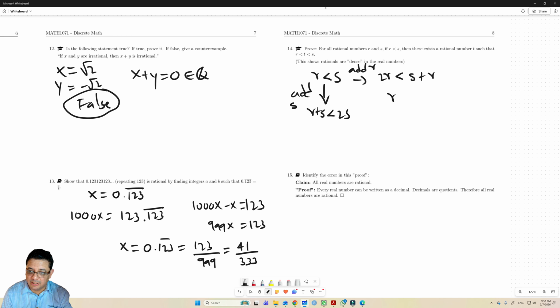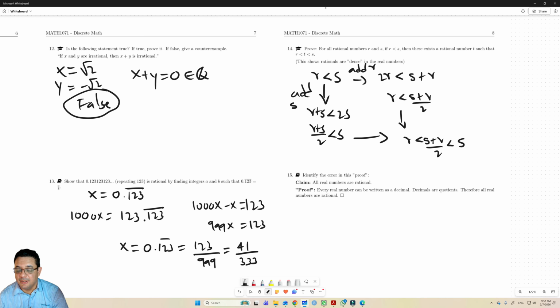And so notice that you get r less than s plus r over 2. And here you get r plus s over 2 less than s. So you're going to end up having with these two that x plus r over 2 is actually in the middle of r and s. And then the thing is, you got to prove that s plus r over 2 is irrational.